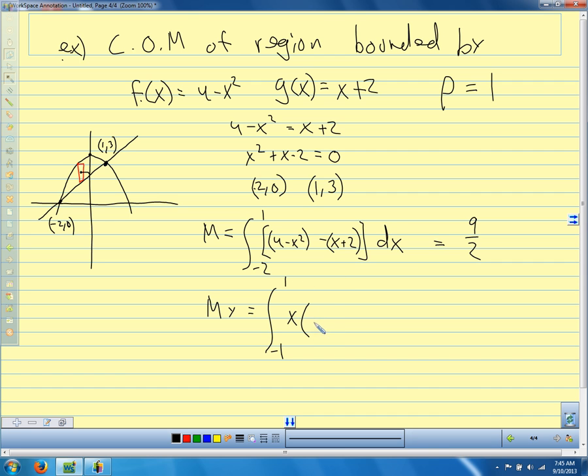When I subtract this out, I get 2 minus x squared minus x. So this is my moment about the y-axis. And again, we end up with polynomials, not a difficult integral to evaluate. And this comes out to negative 9/4 when I evaluate that.